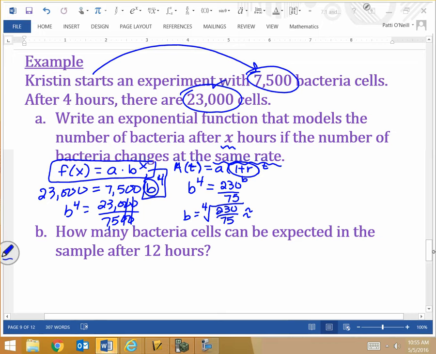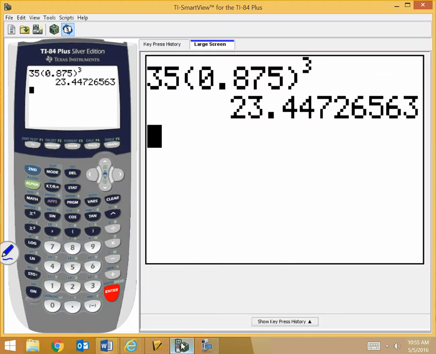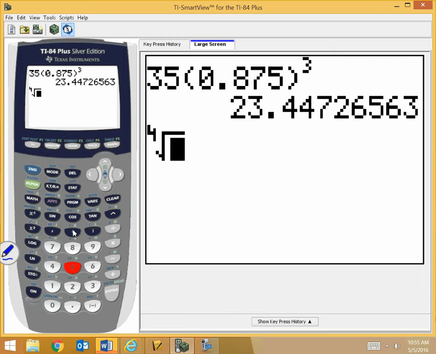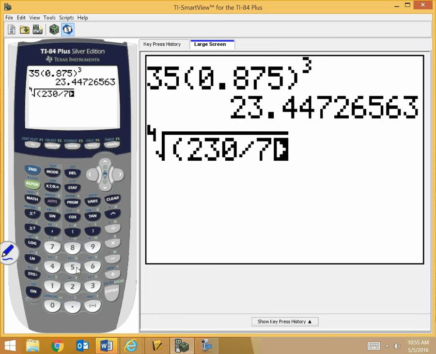So if I pull up my calculator, I need to do the 4th root. I have a couple options here. My calculator is a little older, so I have to do it this way: type in 4, and then number 5 after I hit math. That will tell me the 4th root of, what was that value? 230 over 75. So in parentheses, 230 divided by 75.